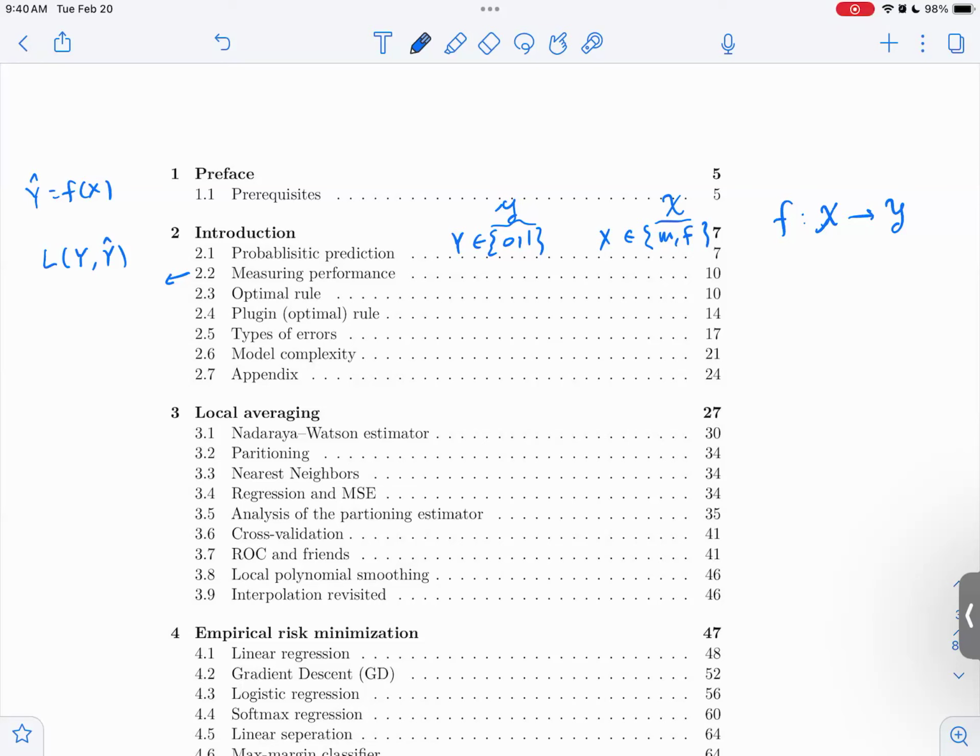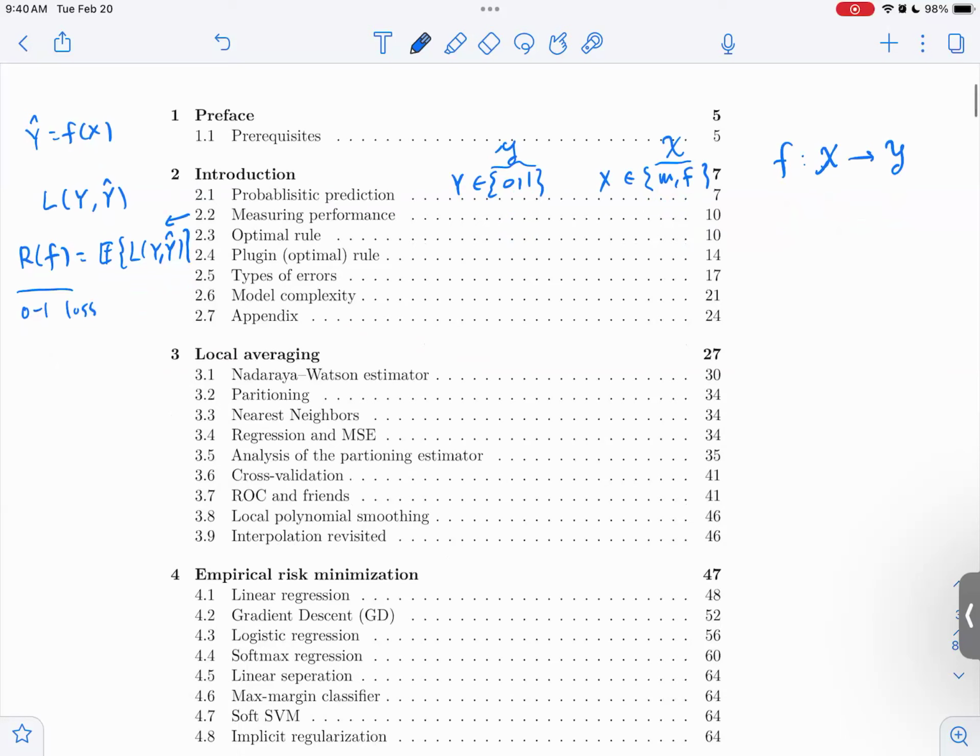There are many different loss functions in general, but we consider the specific one we'll talk about.